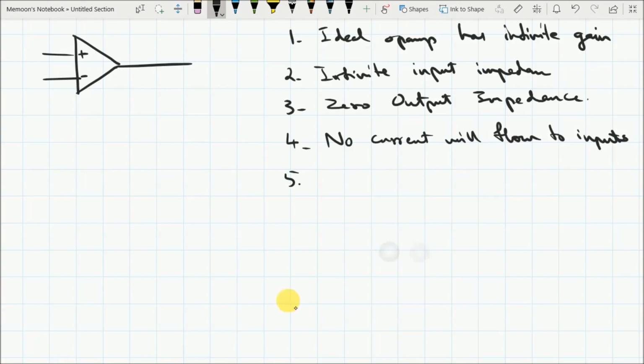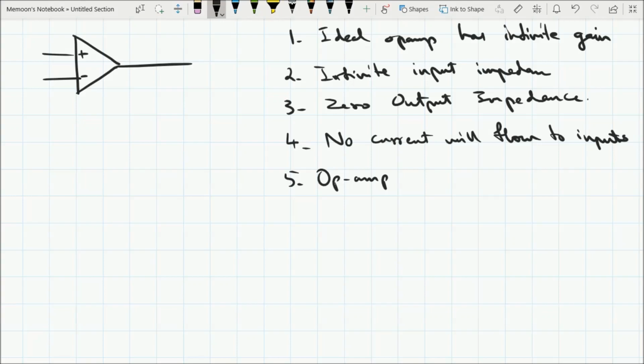Then a general rule describing the operation of an op-amp states that an op-amp will do everything it can to keep both its inputs at the same voltage level. Now, what can an op-amp do? The op-amp will change its output to make its inputs equal in voltage magnitude.